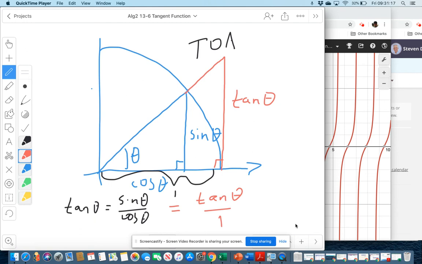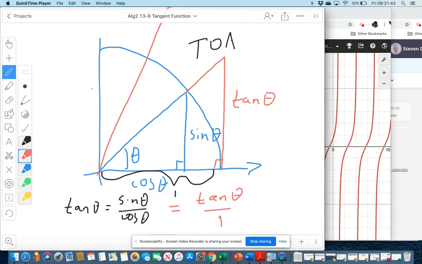So the ratio is the length of this line. Okay, how long does that line get if I go up to a steeper angle? Okay, you can see that I'm way off my graph here. It's getting longer and longer as the angle approaches pi over 2 or 90 degrees. So that's why we see on the graph that it actually goes to infinity.